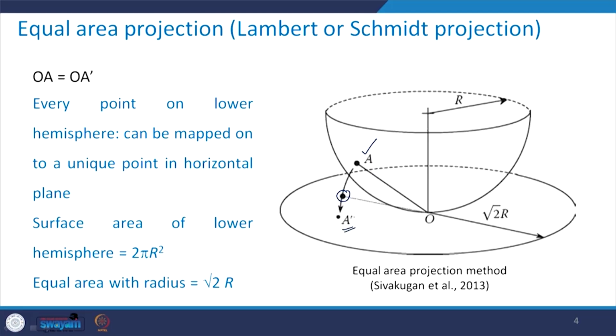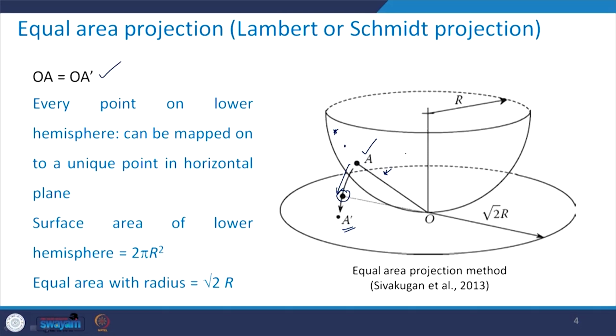So, what we are doing is, for any point A, take an arc OA and rotate it in this particular manner such that OA equals OA prime. Therefore, any point, be it this point or anywhere on this sphere, can be mapped onto the horizontal plane in a unique manner.